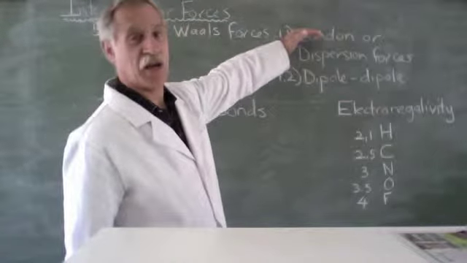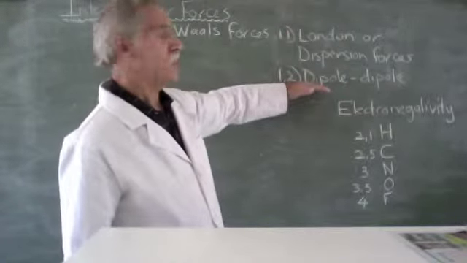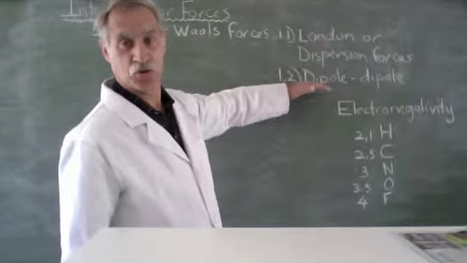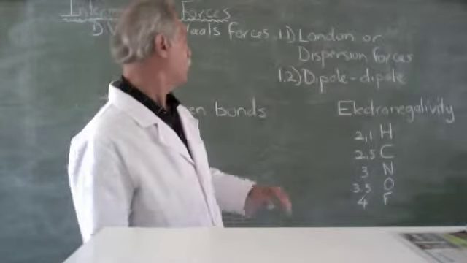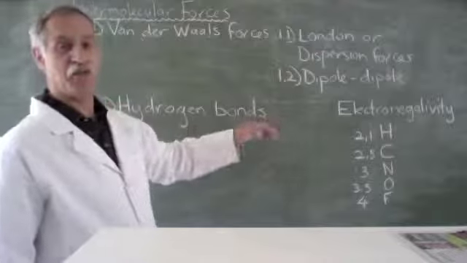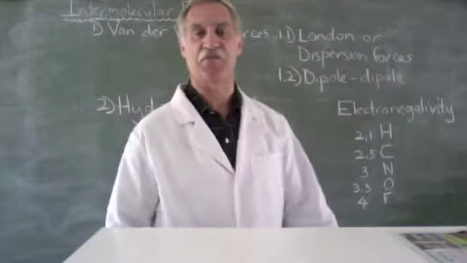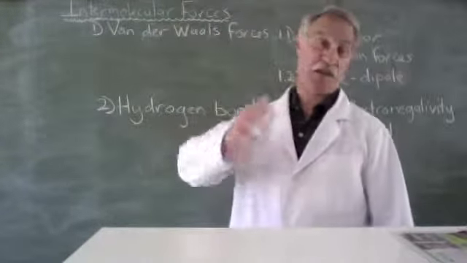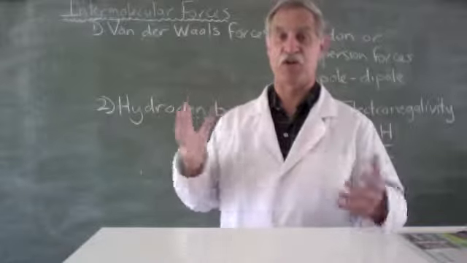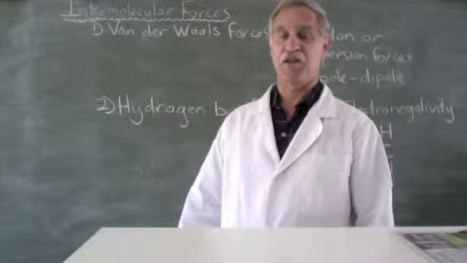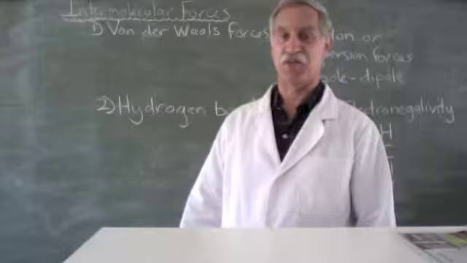If you have a scale where London forces are about 1, dipole-dipole forces are about 2, twice as strong. And then we come to hydrogen bonds, which are about 12 times stronger. They can be many more times. It all depends on the structure of the actual molecules.